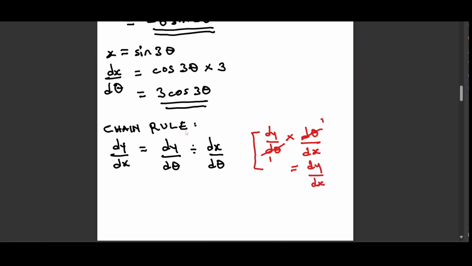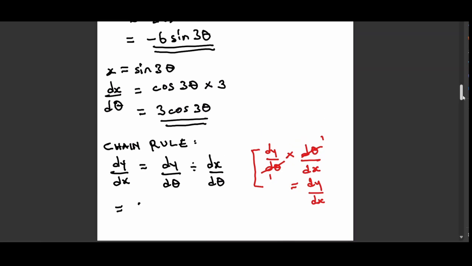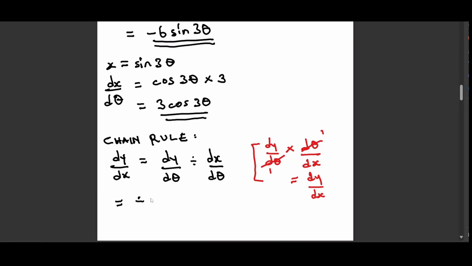The reason why we wrote it as dy d theta divided by dx d theta is that we already have dy d theta and we have dx d theta. So we just need to directly substitute in the chain rule. Dy d theta is minus 6 sine 3 theta, divided by dx d theta, which is 3 cos 3 theta.